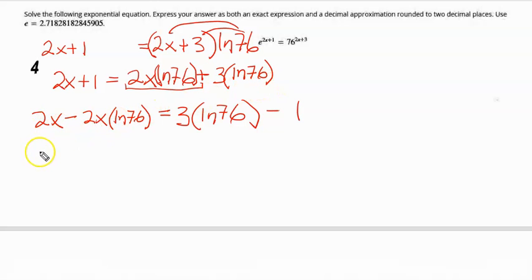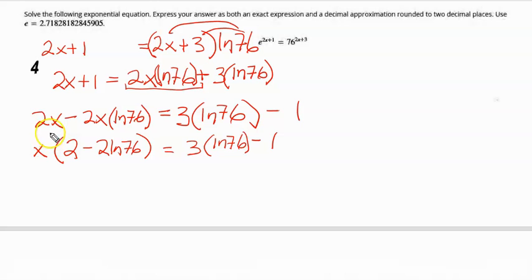So now we're going to factor out an x. And we're left with then, in parentheses, 2 minus 2 natural log of 76. And everything looks good. So what will x be?